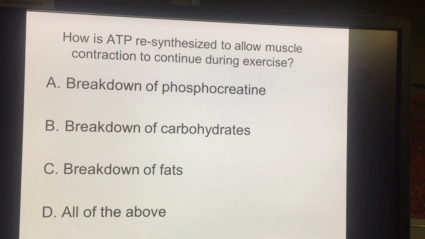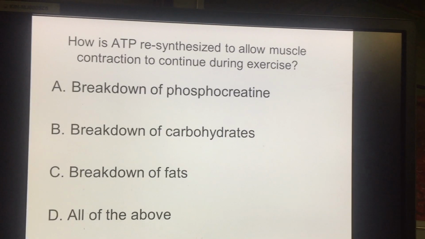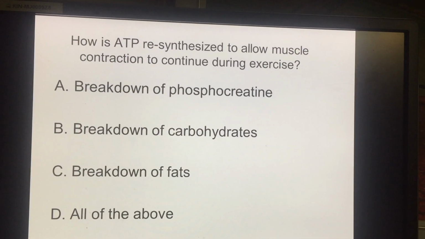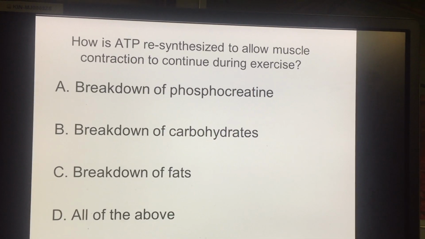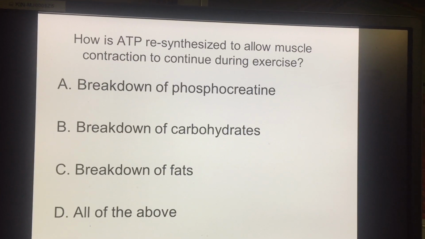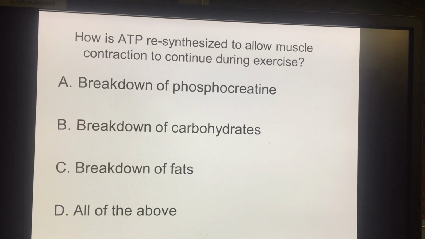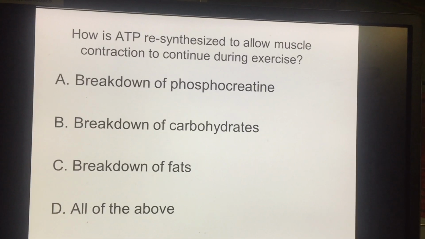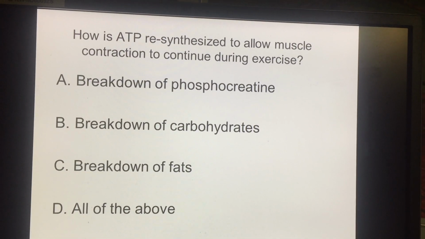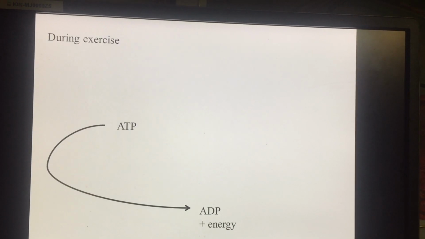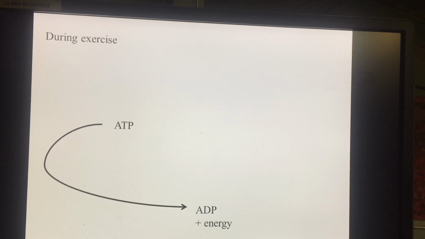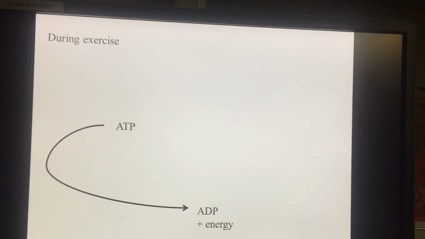So how is ATP resynthesized during exercise to allow contraction to continue? So your options here are breakdown of phosphocreatine, breakdown of carbohydrates, breakdown of fats, or all of the above. And the correct answer here is all of the above. So this is what happens during exercise. You kind of have a cycle going.